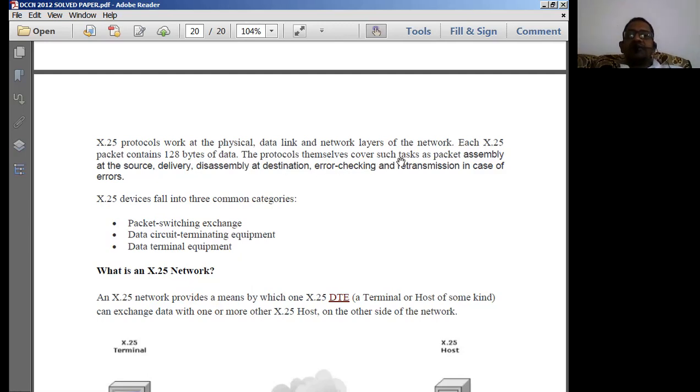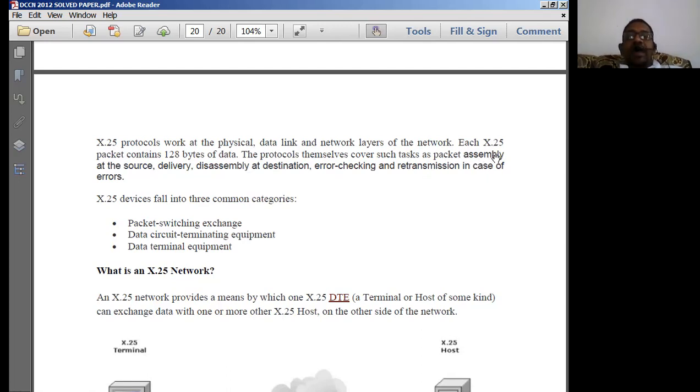The protocols themselves cover tasks such as packet assembly. The network layer releases packets, the data link layer releases frames, and these frames are converted into symbols or bits by the physical layer. So three layers are involved in X.25, and the operations are provided by these three layers.